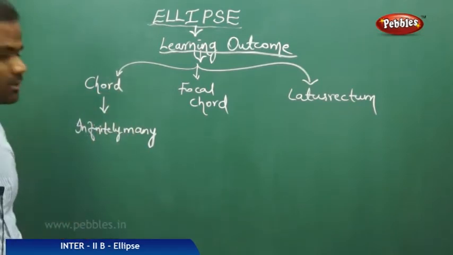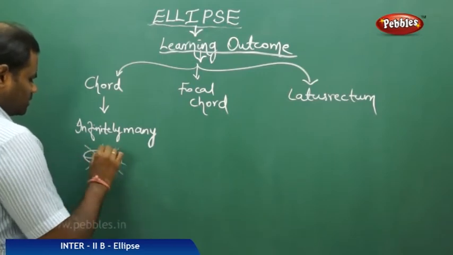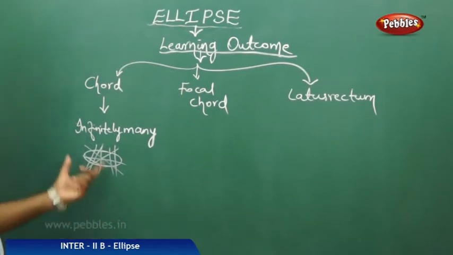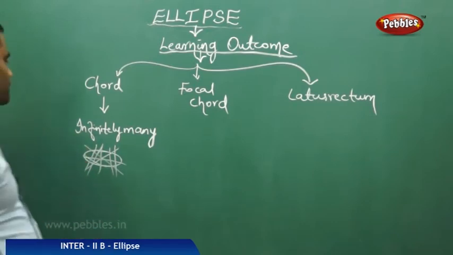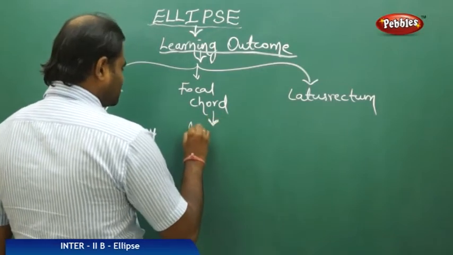As you can clearly see, an ellipse has infinitely many chords which I can draw out here. Each of them is a chord as the line cuts the ellipse at two distinct points. Now as I see the focal chord, there are also infinitely many.